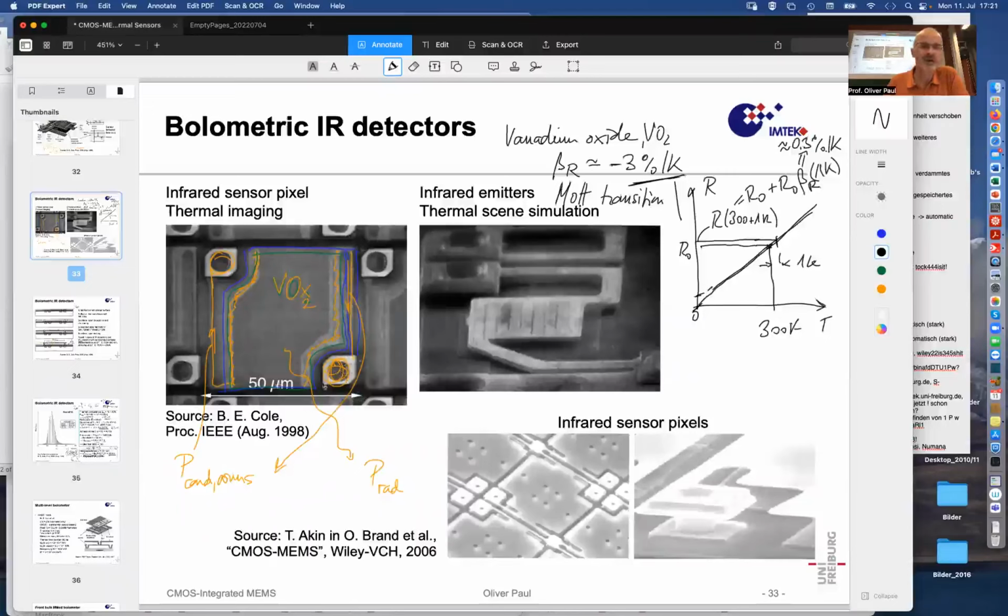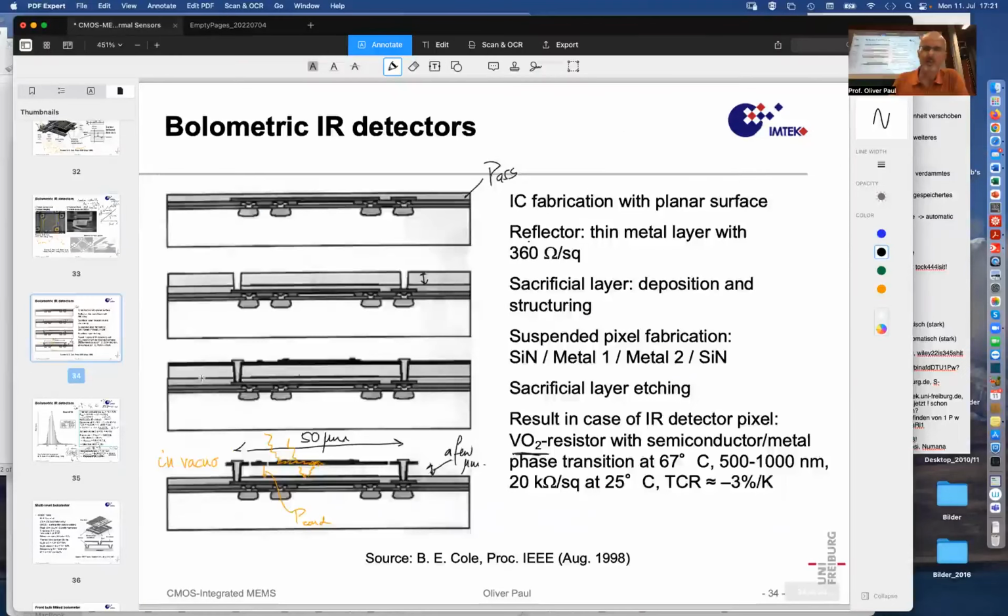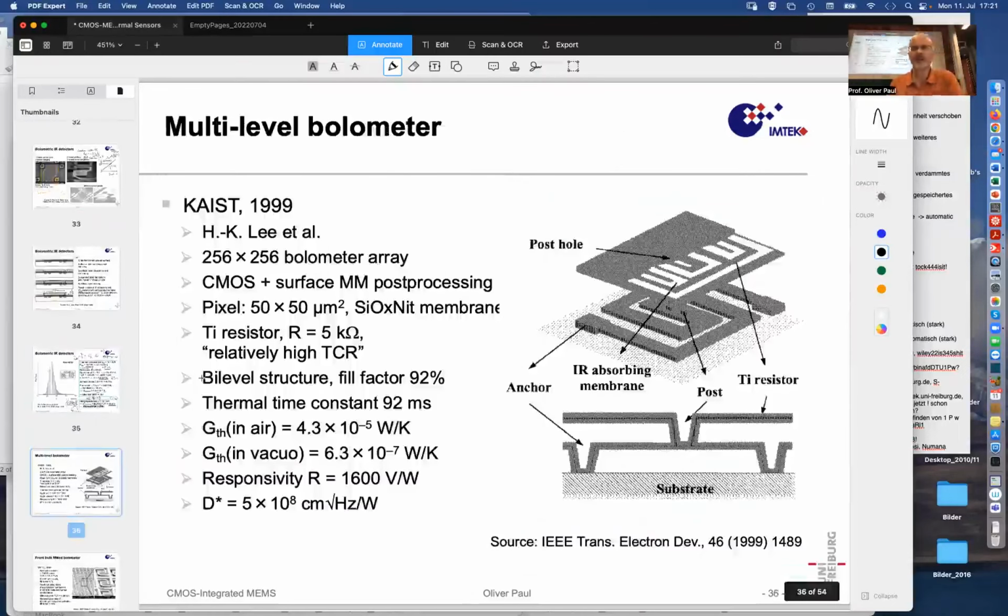Then the gaps are not used either. So they said, okay, instead of having some structure like this with a lot of unused space, let's put a second level of a continuous absorber on top. And that will absorb the energy, then will heat up the structure, and then we can make a resistive measurement.